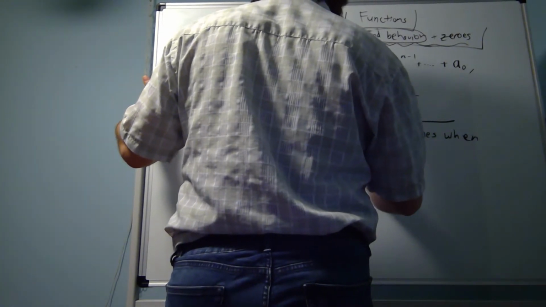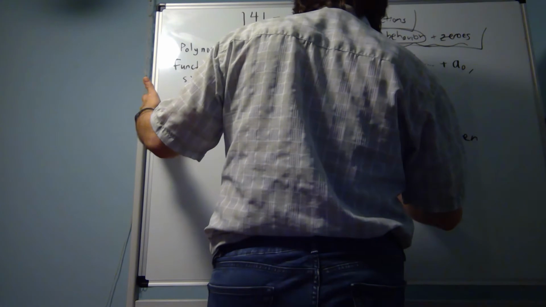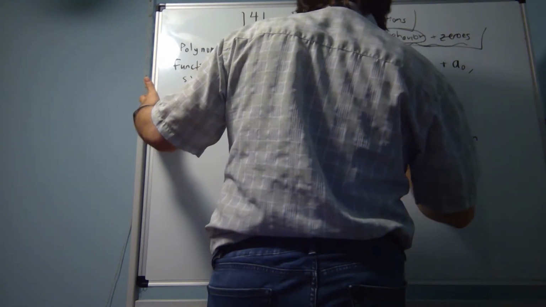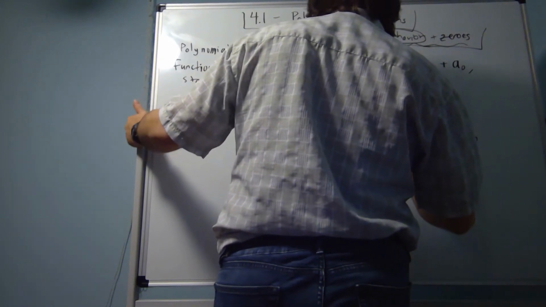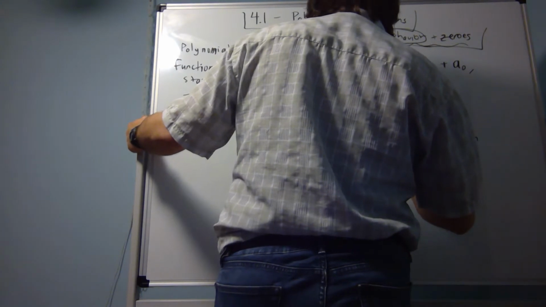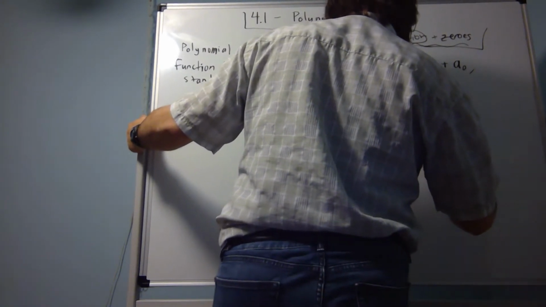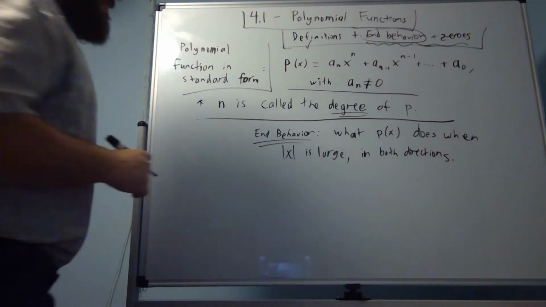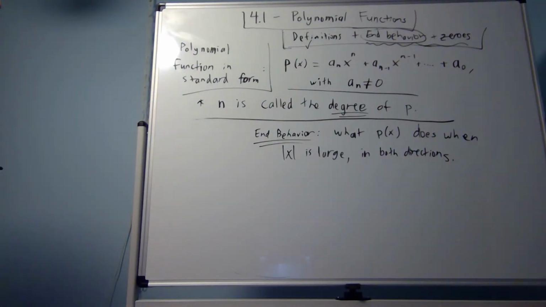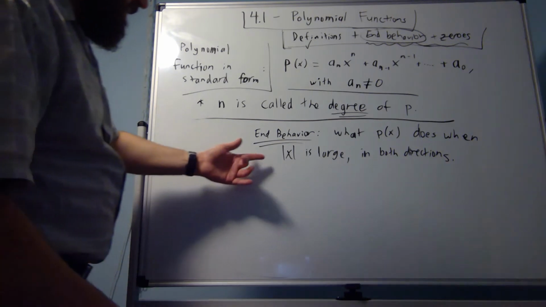When the absolute value of x is large, so actually it's two questions that might have the same answer or might have different answers. What happens when x is a large positive number? That's one way for the absolute value of x to be large.